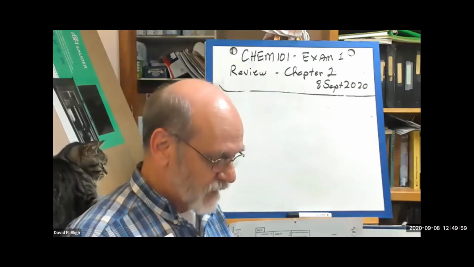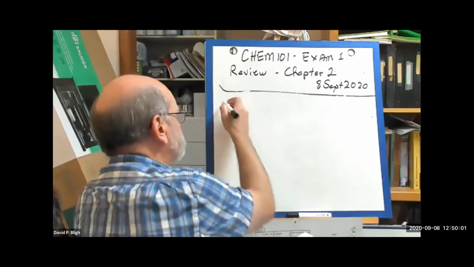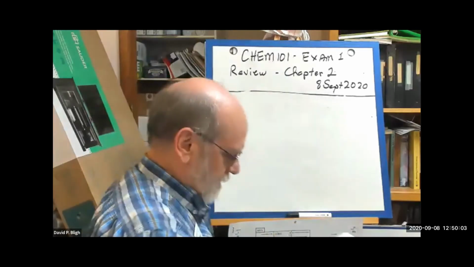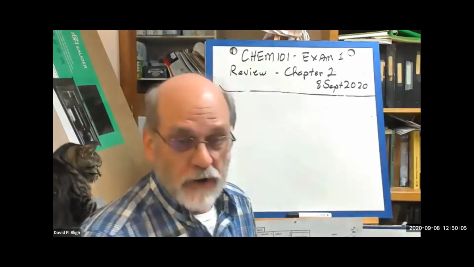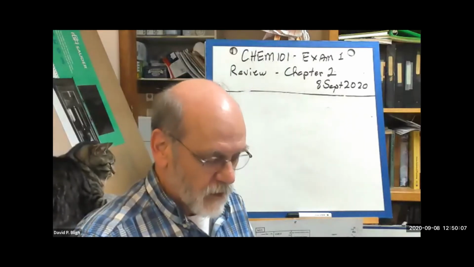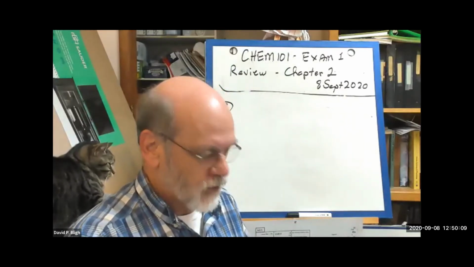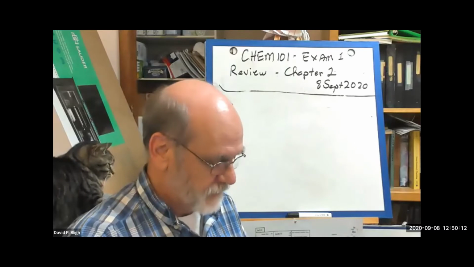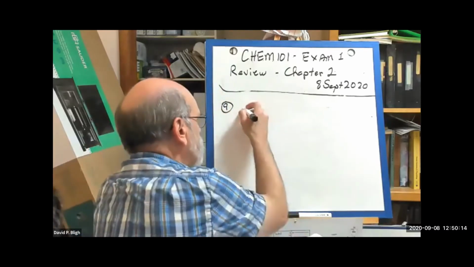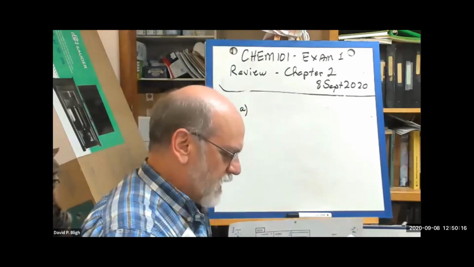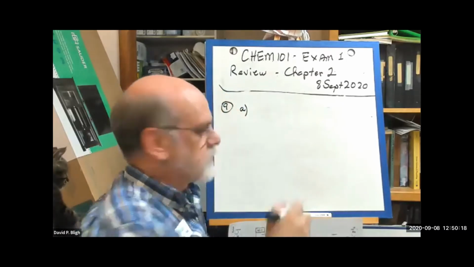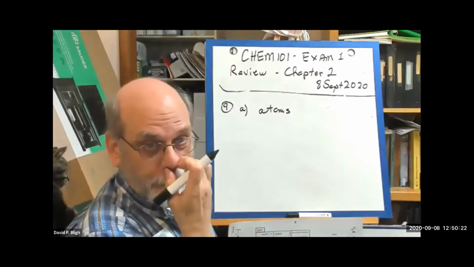All right. Which one of the following statements from Dalton's atomic theory are no longer true according to the modern atomic theory? Okay, so let's take them one at a time. Elements are made up of tiny particles called atoms. Is that still true? That's true.